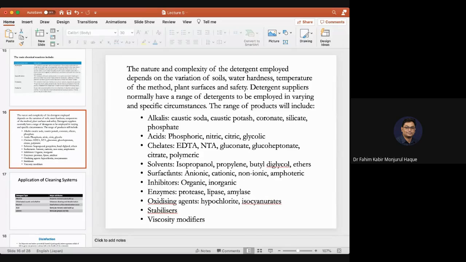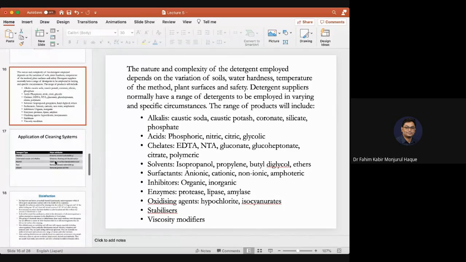Chelates, solvents, surfactants, until this one, these are basically examples of different types of detergents. And these things, inhibitors, oxidizing agents, these are like disinfectants. I'll explain it in more detail in the lecture.